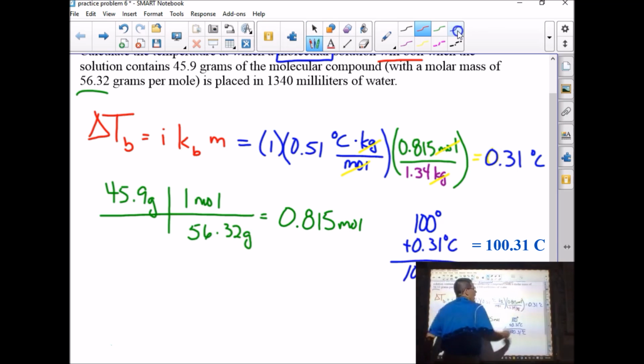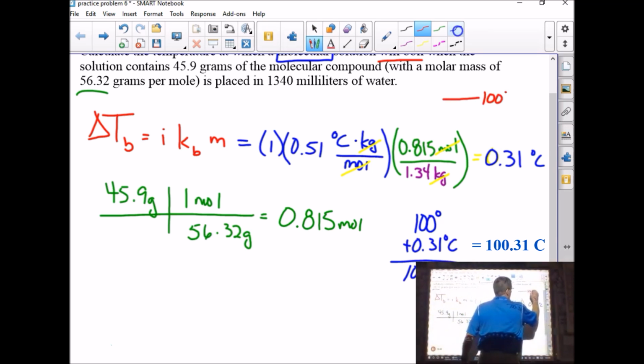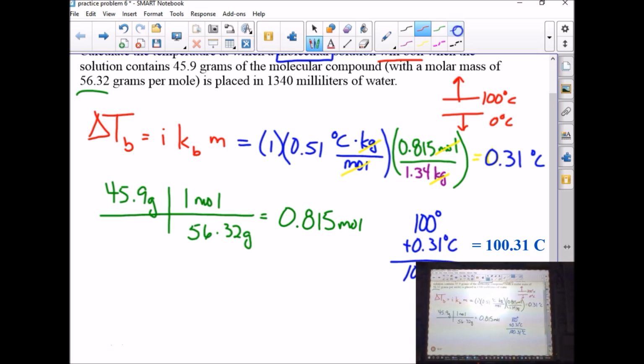And keeping in mind that water boils at 100 and that we're going to elevate the temperature, next problem we'll do, we'll freeze it and we'll lower the temperature. So it's a boiling point elevation or freezing point depression. We have another. And it's an ionic one. This would be fun. Okay.